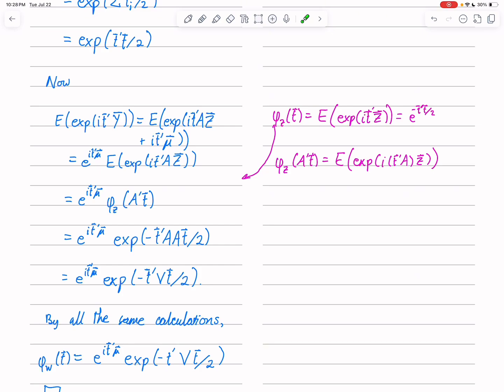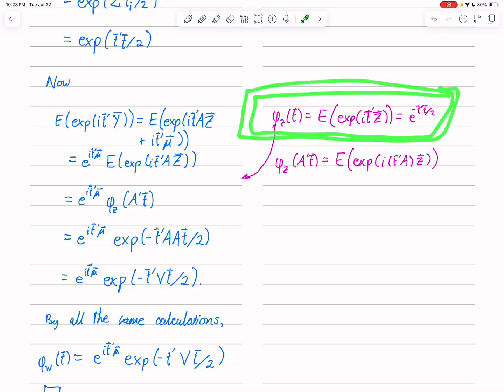What would be nice is to then take A and group it together with Z. When you do, you see that we're basically talking about what we have over here. So in effect, what I'm saying is that the characteristic function for Z, if you plug in A transpose t, you gets the same thing as what we got up here. So I'm making this connection here. And from there, we can use what we just derived up above.